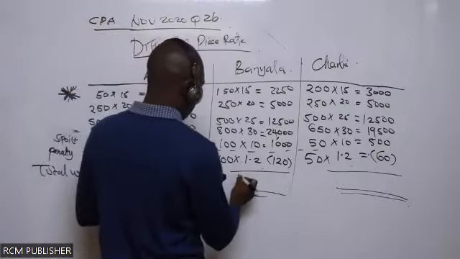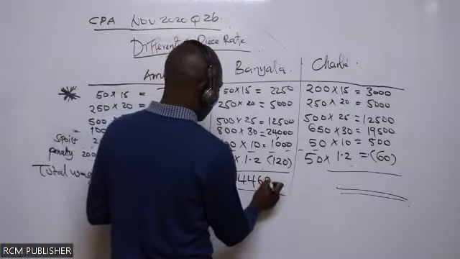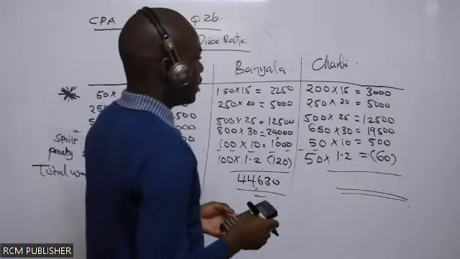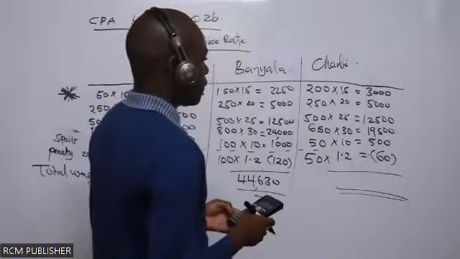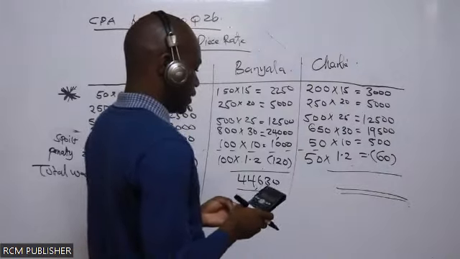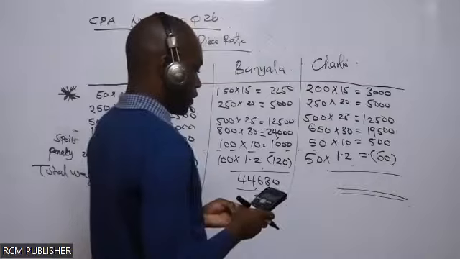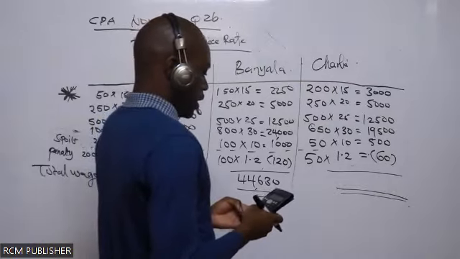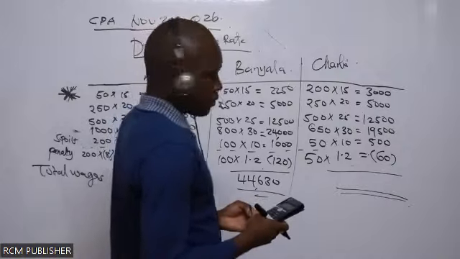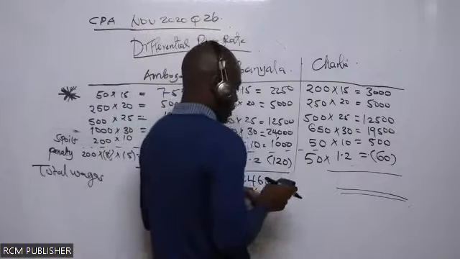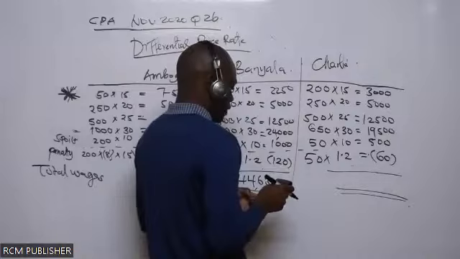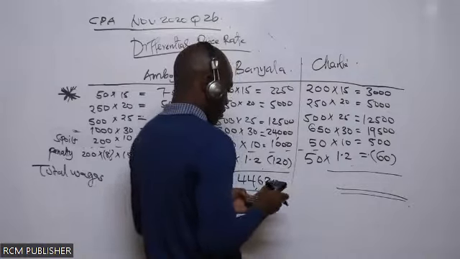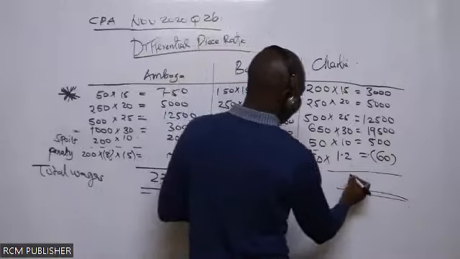I'm going to have 44,630. 3,000 plus 5, that is 8, plus 12, that is 2,500, plus 19,500, plus 500, minus 60, we are going to have a total of 40 for 40.